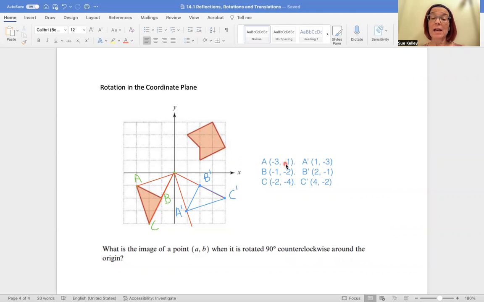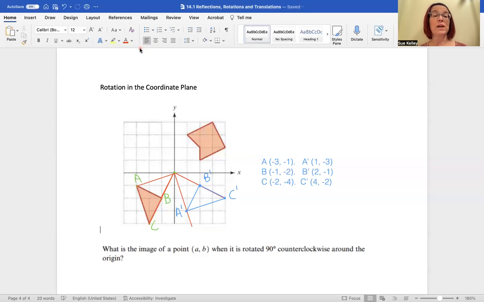And the Y is changing signs, becoming the opposite, and then becoming our X. So see that in B, we have our X value switching to Y, and then our Y value changing signs and moving to the X.